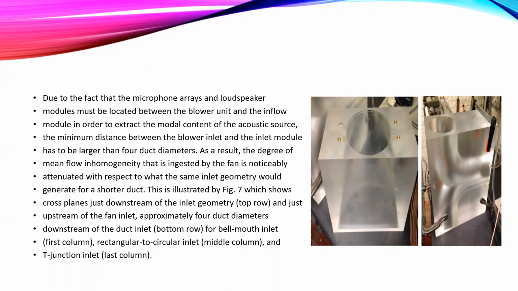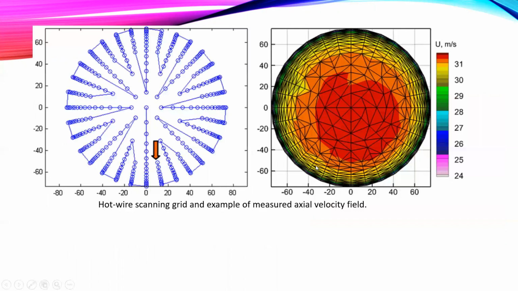These are different types of inlets as we can see in this diagram. So, as you can see, this is the hot wire scanning grid, an example of a measured axial velocity field. As you can see, these are the ducted fans, with higher velocities in the middle and lower velocities at the end of the fan.